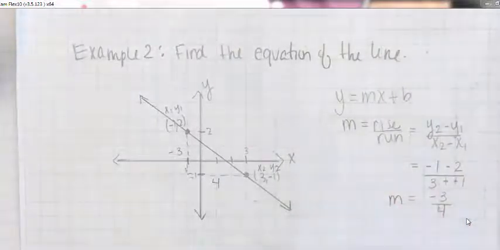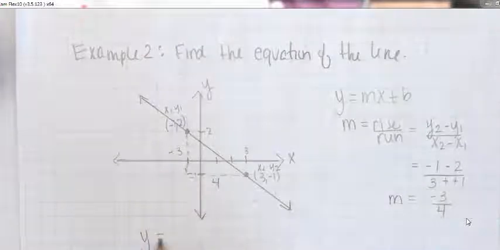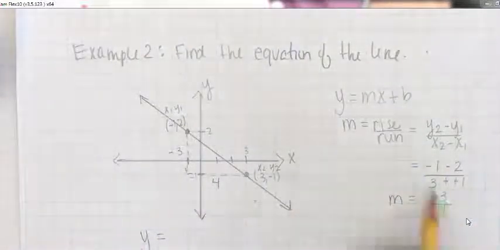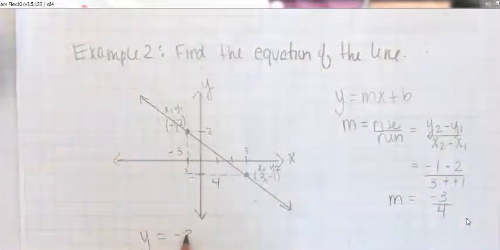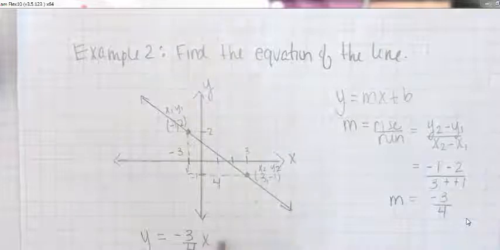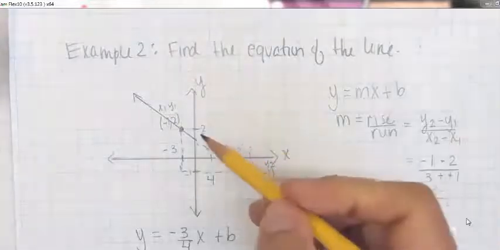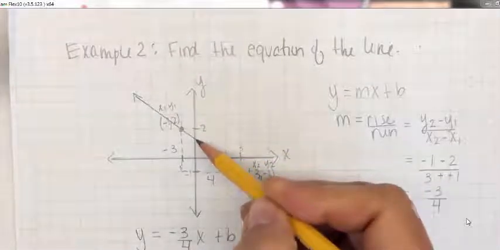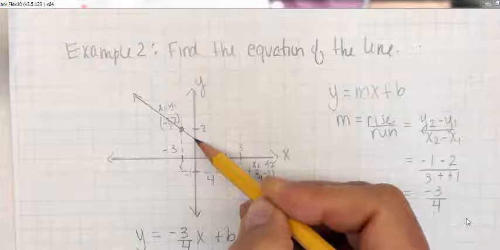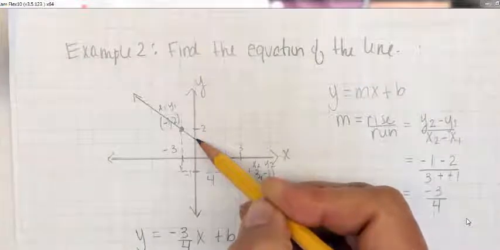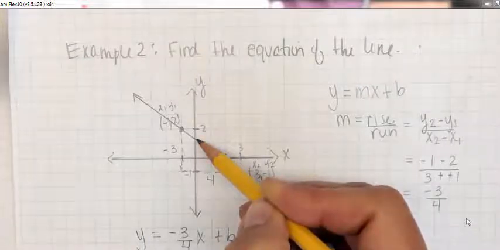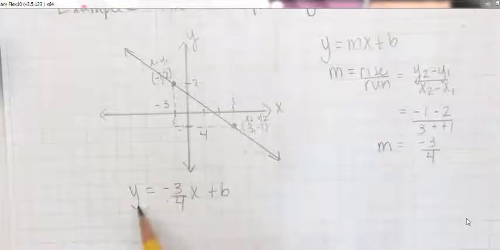Okay, so I'm going to start my equation here. I've got negative 3/4 for m. Now my graph is not 100% perfect. I have no idea what this actual number is right here. So in order for me to figure that number out, I can use this equation.